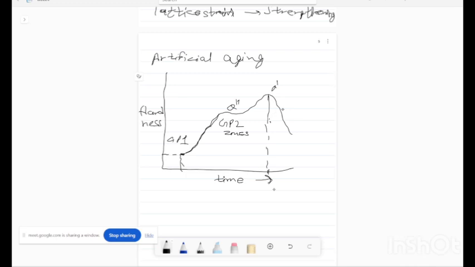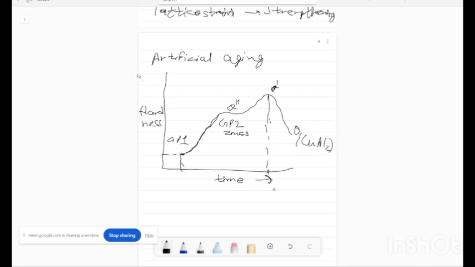After the peak hardness, the coarsening of precipitate starts. So the coarsened precipitate decreases the hardness of the material, and the final precipitate is called theta, that is CuAl2 for the aluminium copper system.